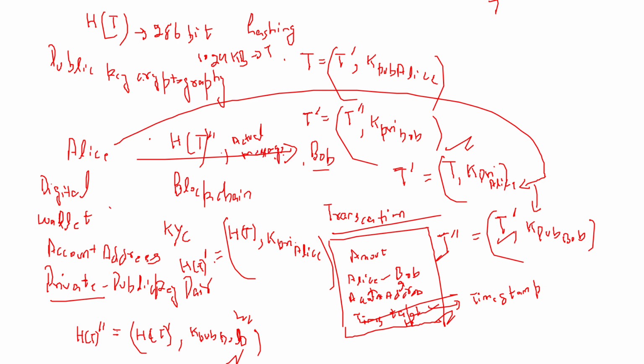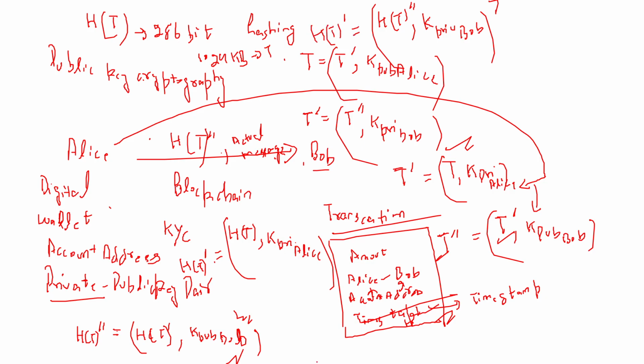So what happens when Bob receives HT double dash? Bob uses his private key and is able to get HT dash. Why?